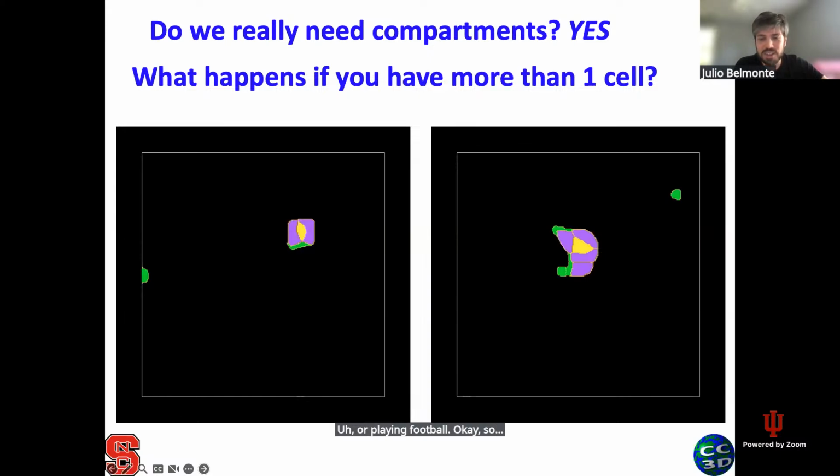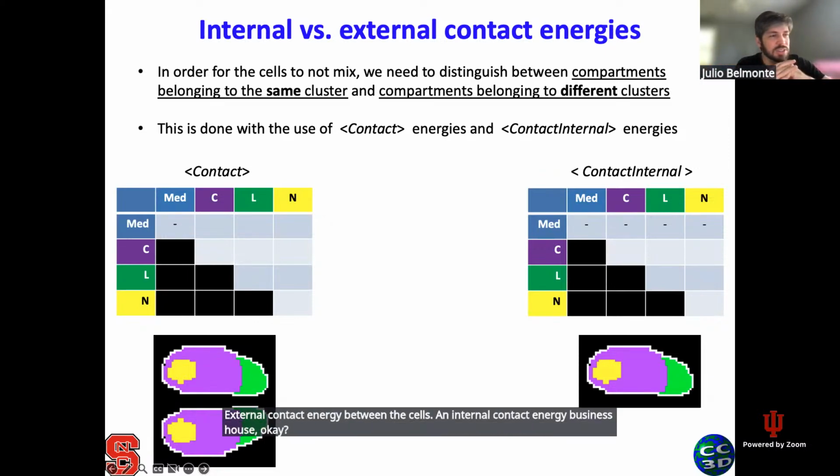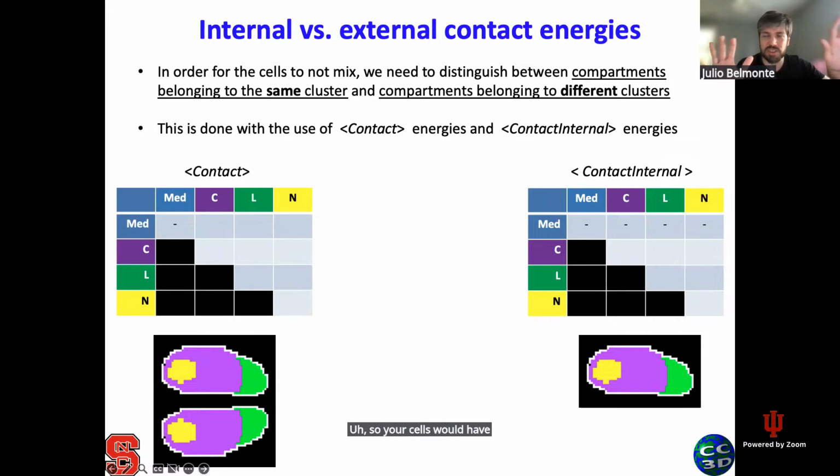So the idea here is, for this to happen, you have to differentiate between external contact energy between the cells and internal contact energy, okay? So your cells will have two sets of contact energies. One is for when the cells interact with other cells.